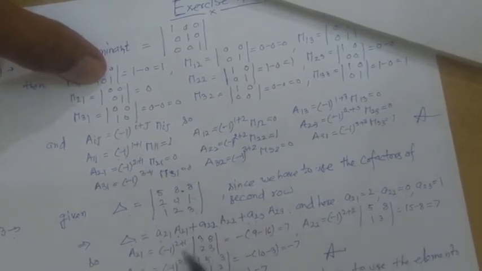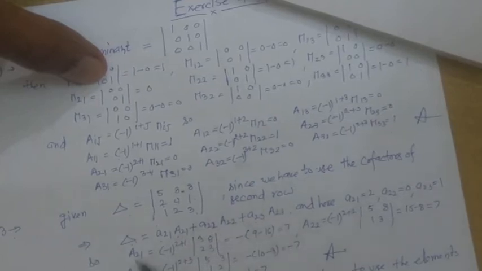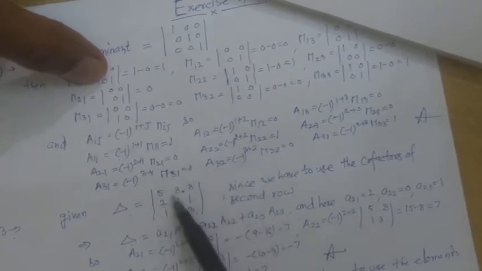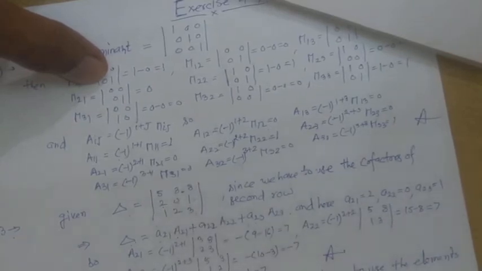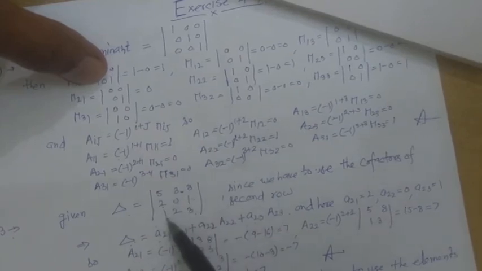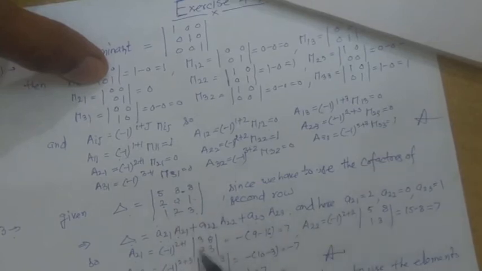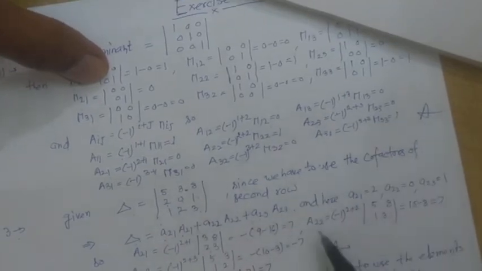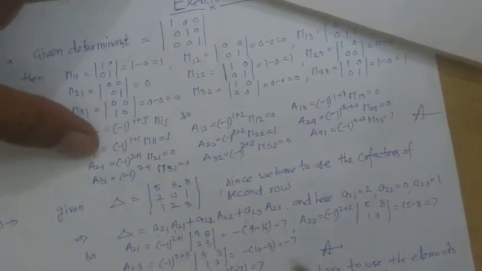Now the cofactor of A21 is minus 1 power 2 plus 1 times the determinant 3, 8, 2, 3, obtained by deleting the second row and first column. Similarly, we can get all the cofactors and put them in this. Then we have the answer of the determinant.